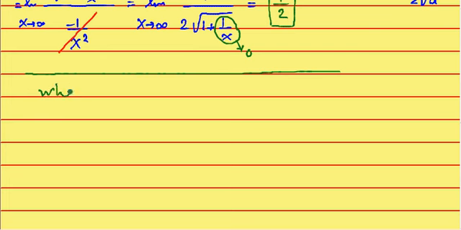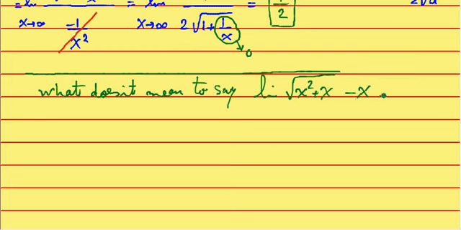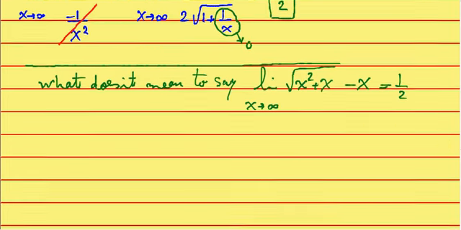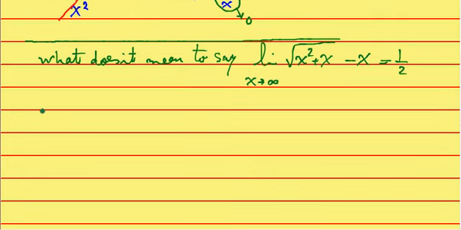What does it mean to say that the limit of, what was it, radical x squared plus x minus x is 1/2 as x goes to infinity? The way to understand this is to graph y is equal to radical x squared plus x.